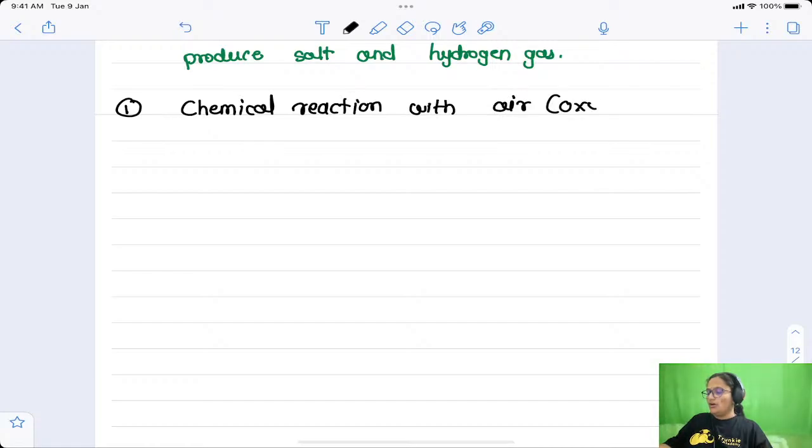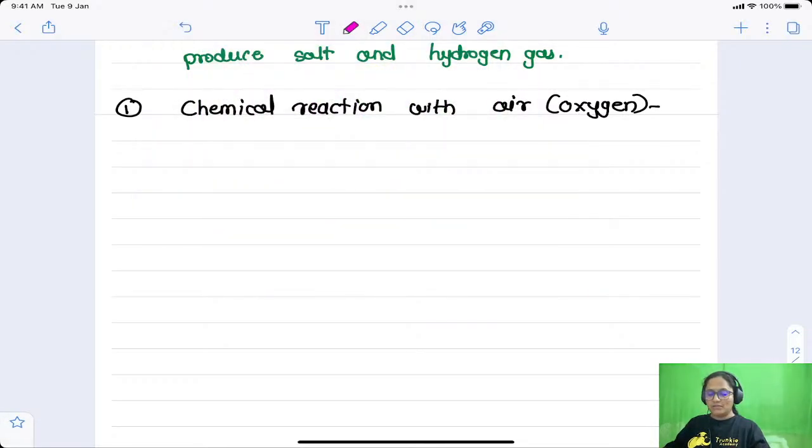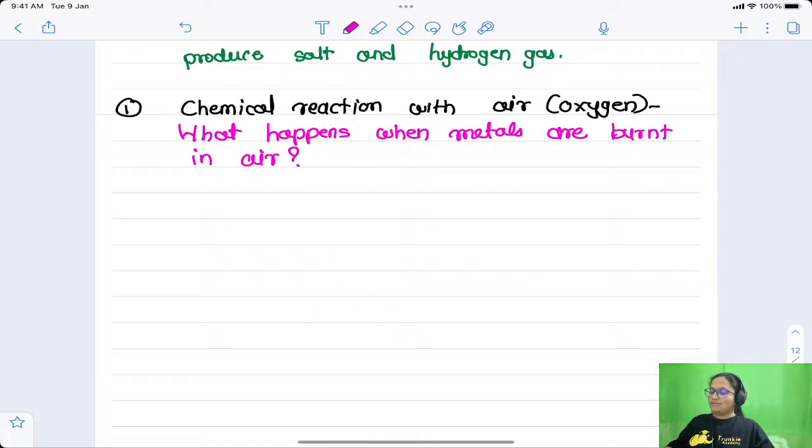We are going to see what happens when metals are burned in air.